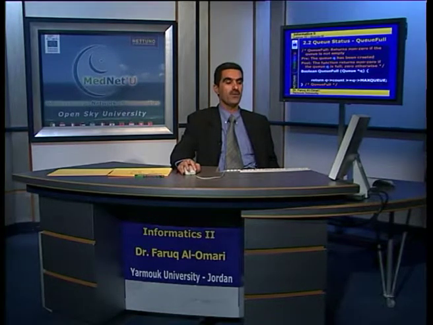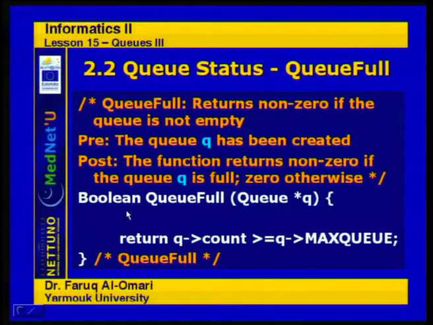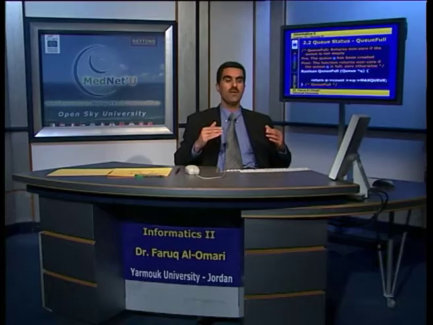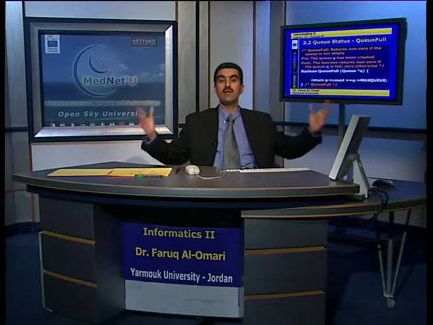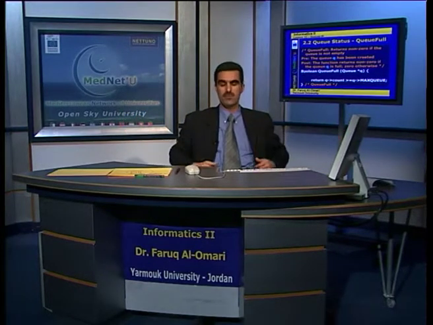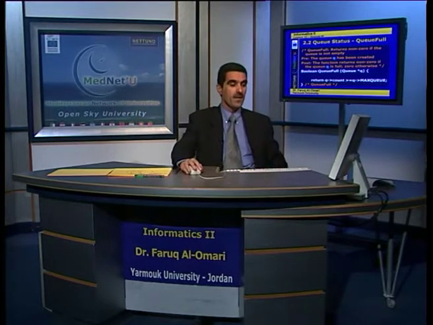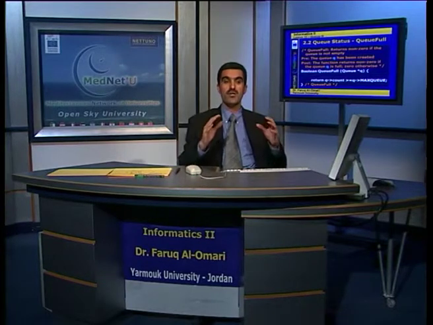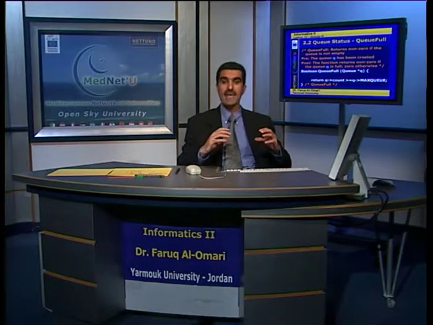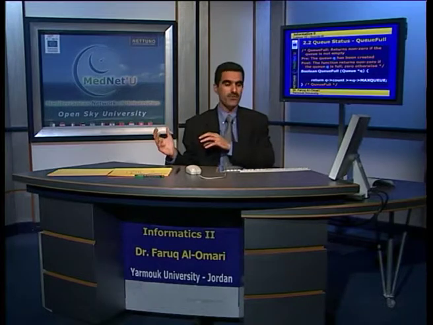Same thing for the queue full. Very simple. It's again of type Boolean. It's just going to tell me whether the queue is really full and there is no more space to append. Okay? So basically, I'm just going to check this count again against the maximum number of entries that I have.